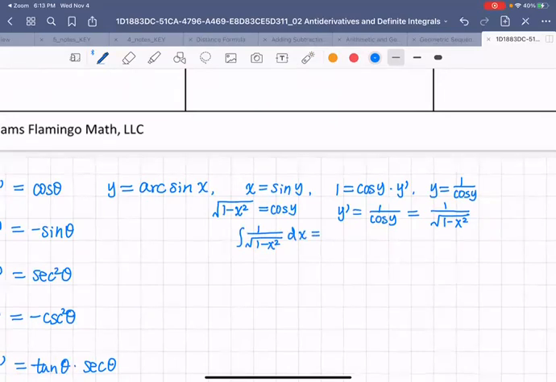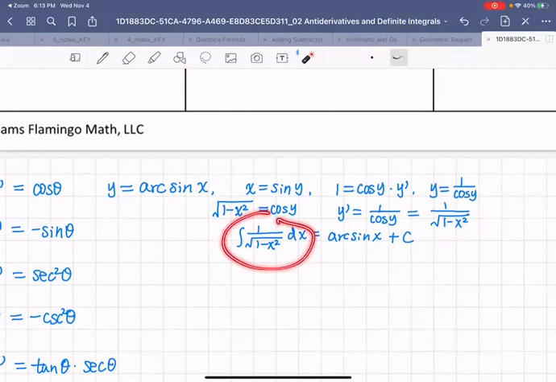You see? This is arcsine x plus c. That's the reason you have to remember that. If you don't know the derivative of this, you won't be able to figure out this, right? Okay.